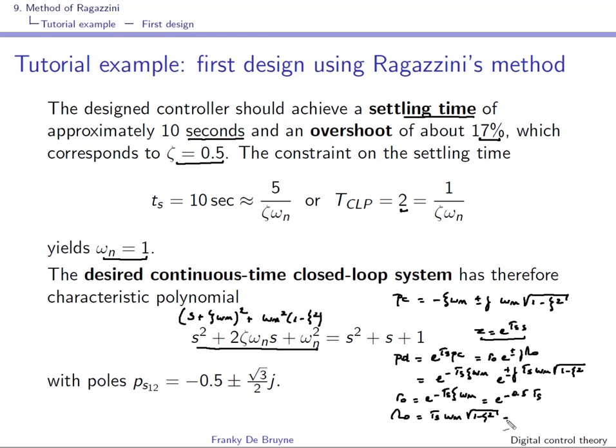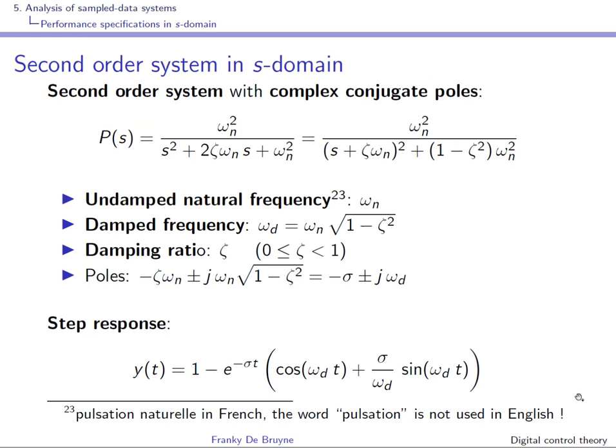In our case, this will be Ts times the square root of 1 minus a half squared, so Ts times the square root of 3 divided by 2. If you're wondering if this is new, well, it's not. It's something that we've seen previously.